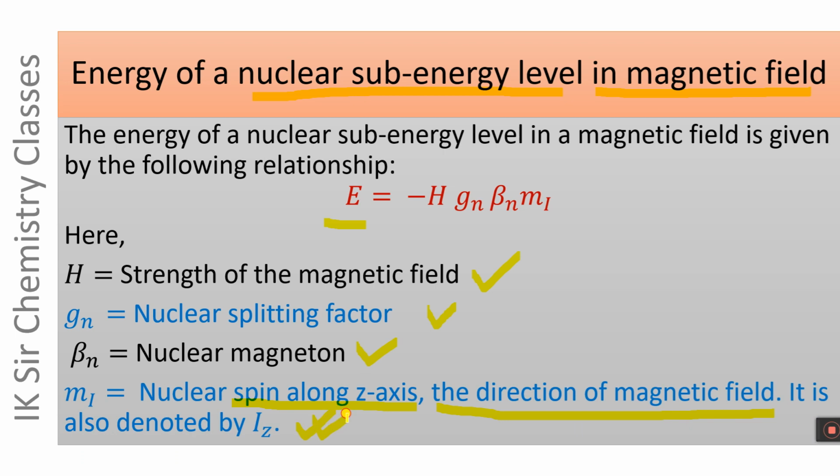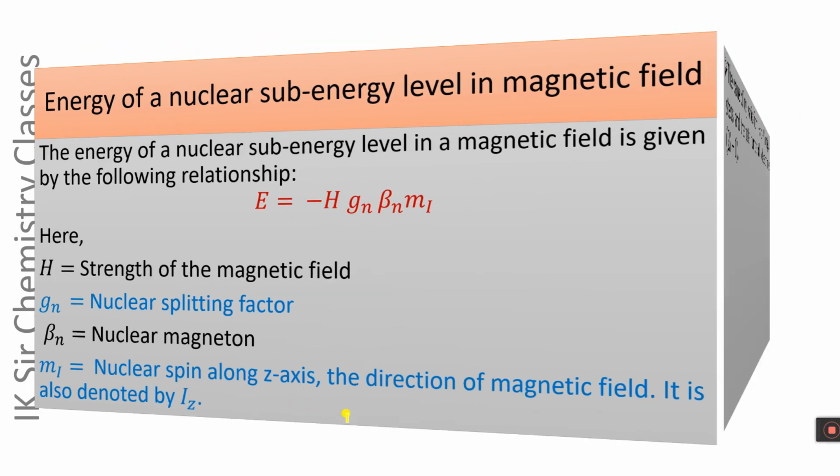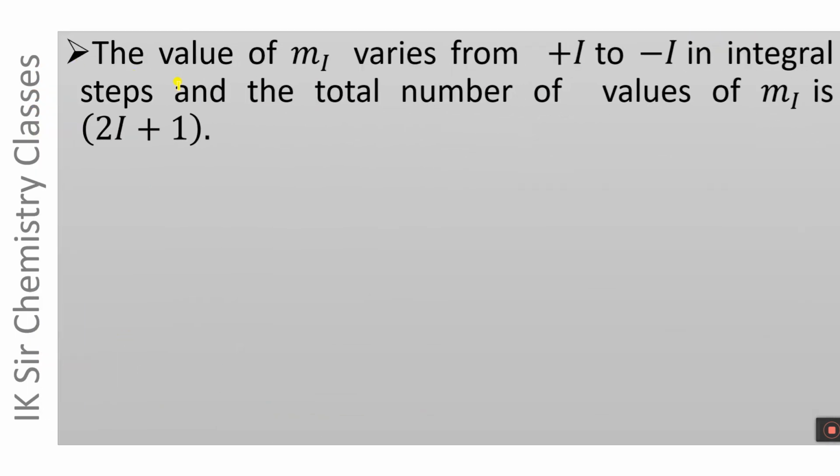It means Mi or Iz are equivalent, and these are the components of nuclear spin along the z-axis, that is along the magnetic field. The value of Mi varies from plus I to minus I in integral steps, and the total number of values of Mi is equal to 2I plus 1.